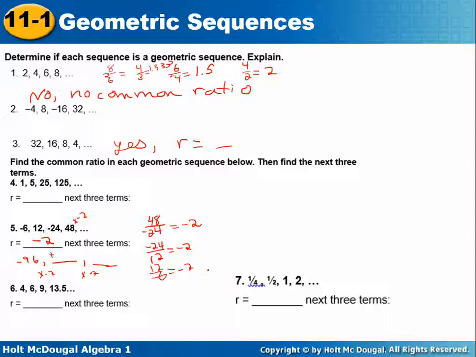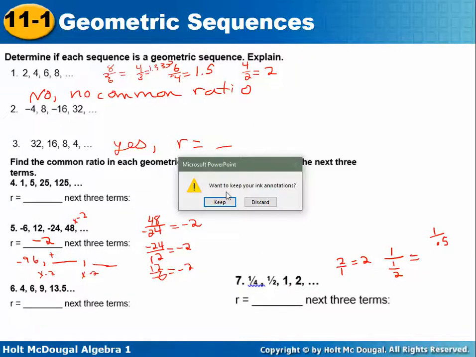Now in 7, don't think that it's hard just because it's fractions. Let's find the common ratio. 2 divided by 1. 2 divided by the term previous. Well, that's 2. Let's check. Is 1 divided by 1/2 also equal to 2? 1 divided by 1/2. Let's change this one to a decimal. That's the same as 1 divided by 0.5.